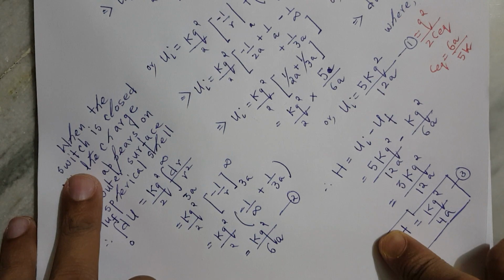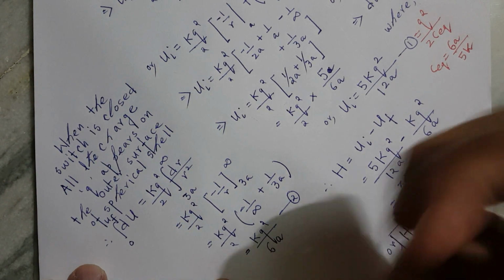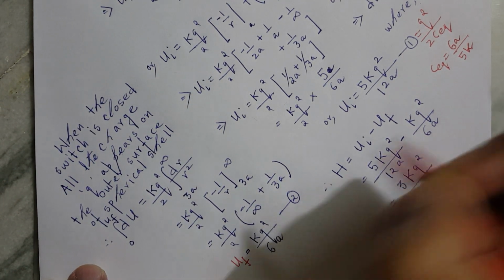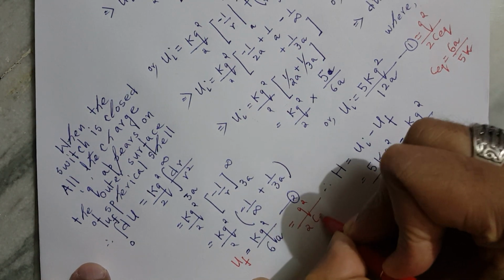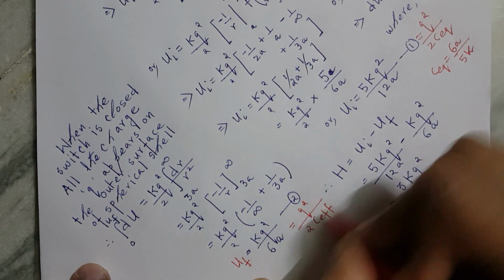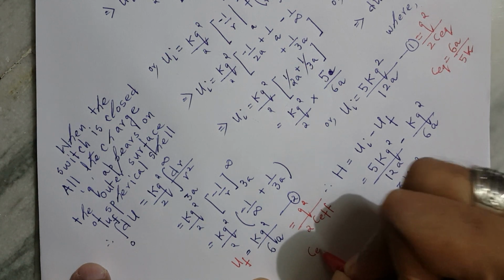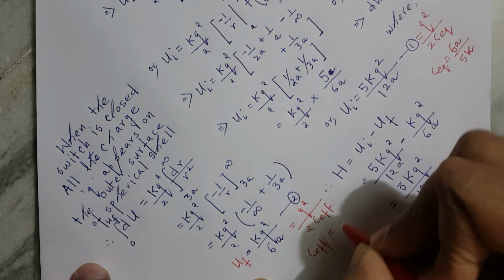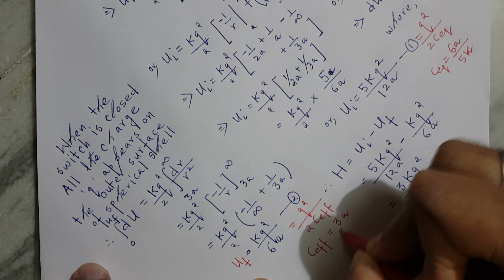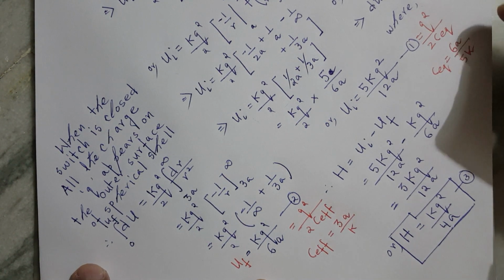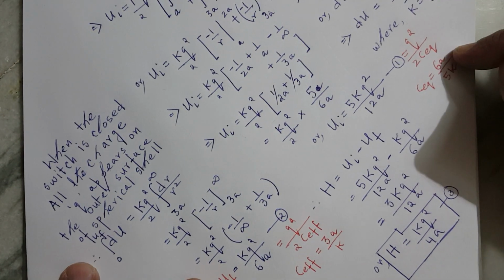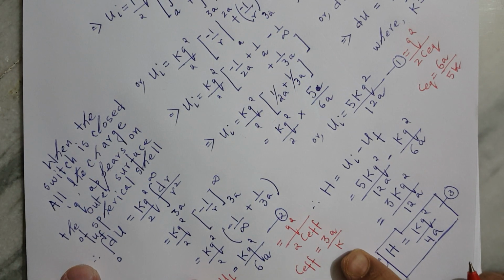And similarly, you come to this result. You got the final potential energy of the system. Suppose I am calling this one q square by 2c effective. So in this particular case, you are getting C effective equals 3a by k. So see, 6a by 5k is basically 1.2 a by k, and here you are getting 3a by k.